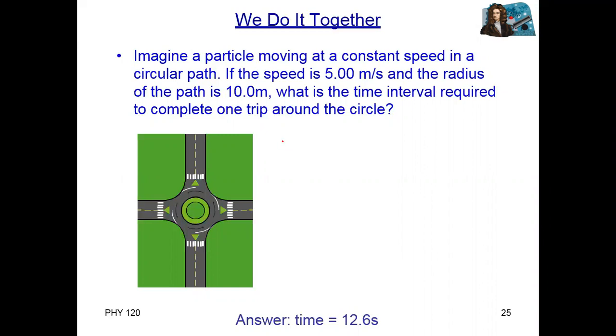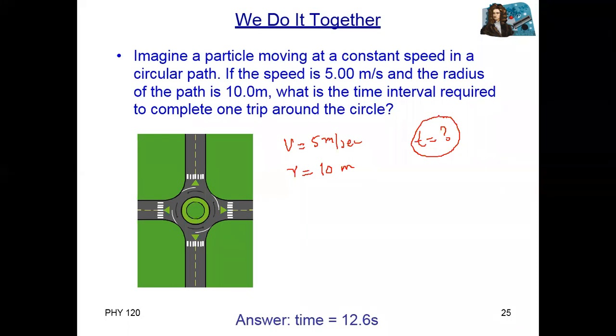You are moving with a speed of 5 meters per second, on a circular path whose radius equals 10 meters. So how to find time? What time, for example, will it take to complete one round of this circular path?